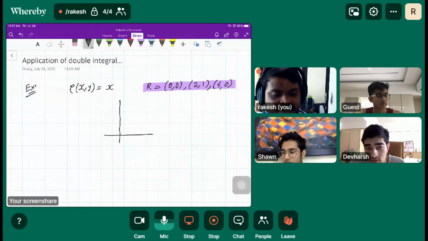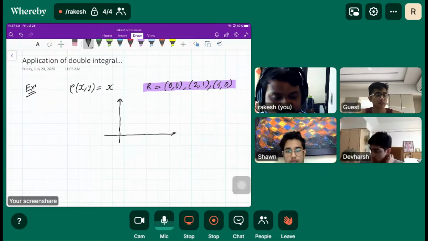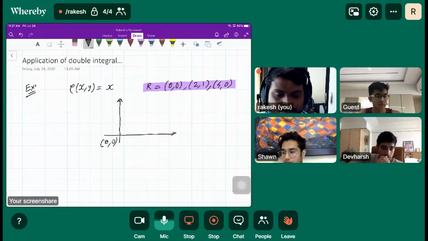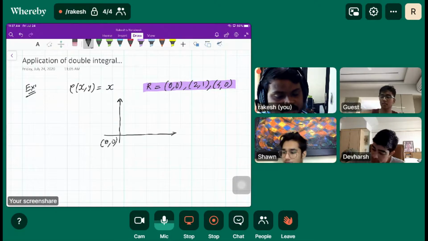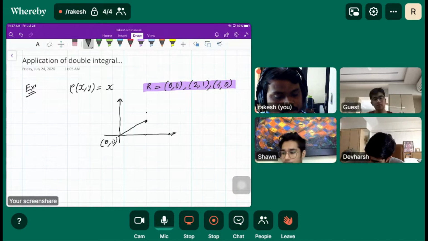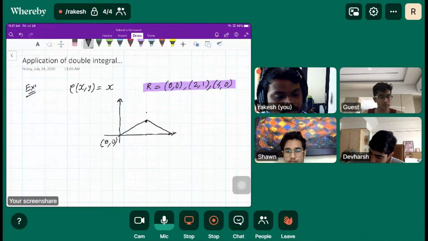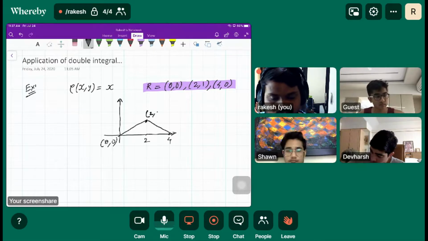We'll just set up the integration here, nothing else. It's not that difficult. So (0, 0), then (2, 1), and let's say here this is 4. So this is (2, 1).